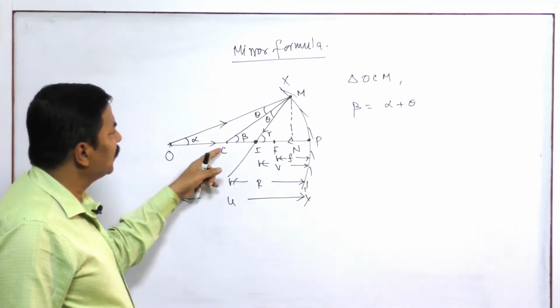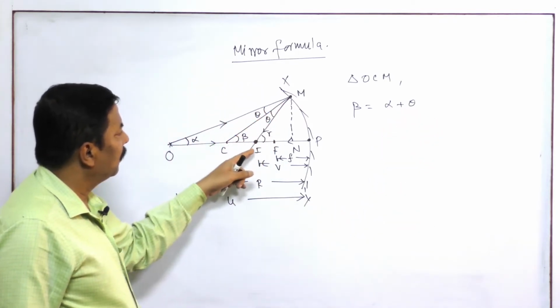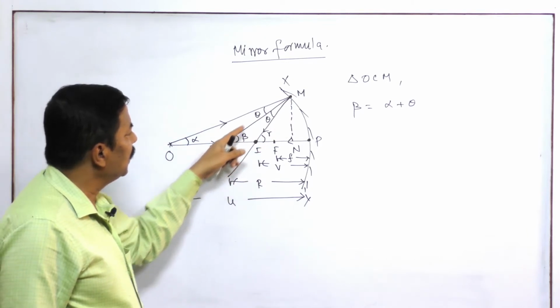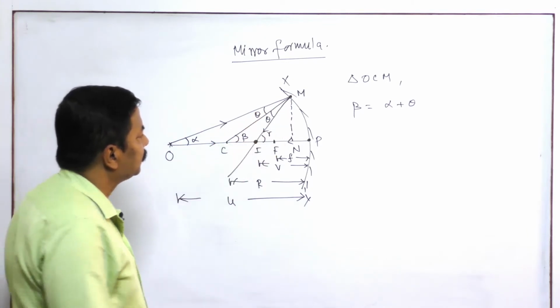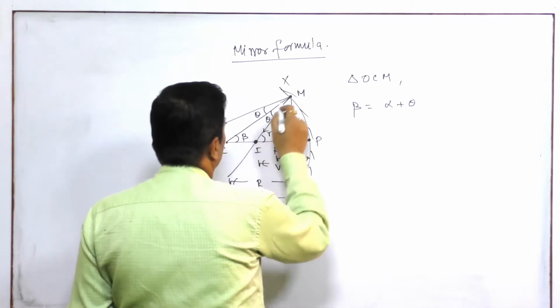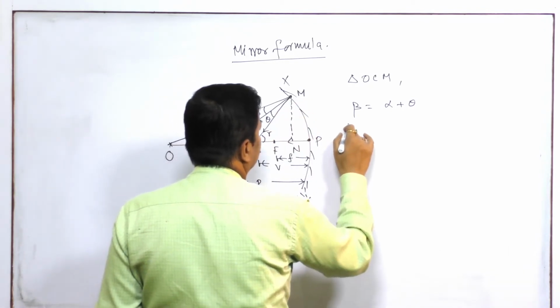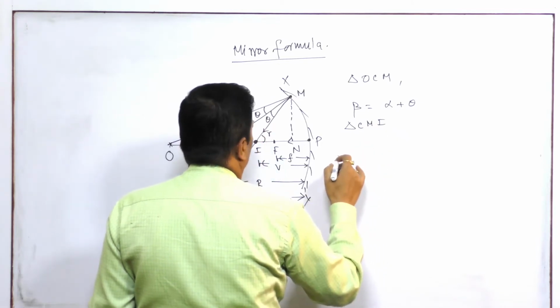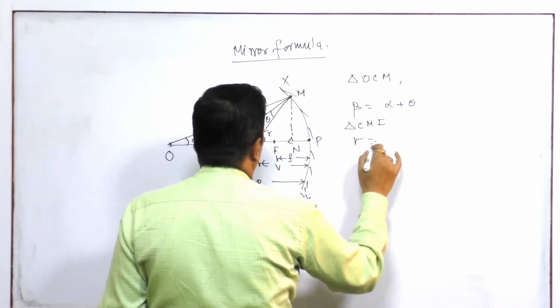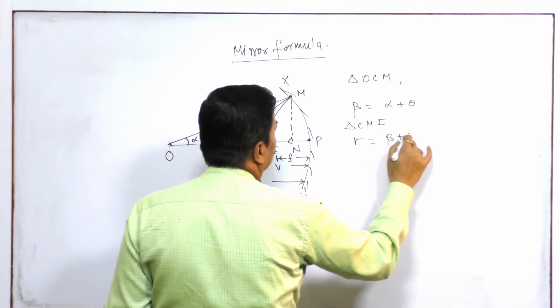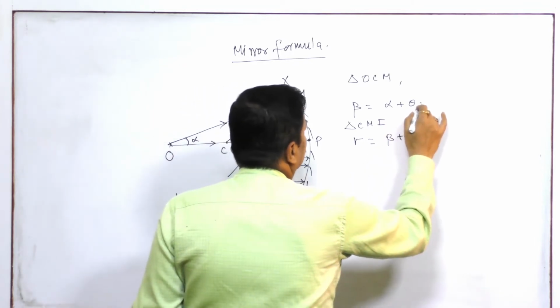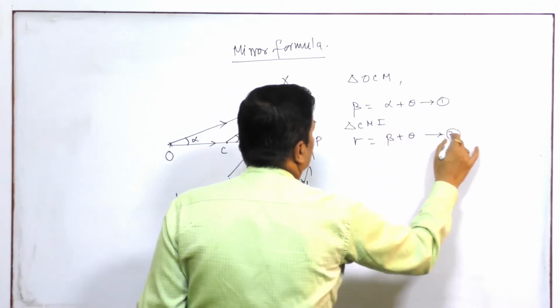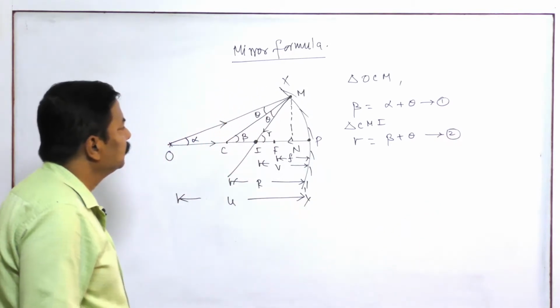In triangle CMI, gamma is equal to beta plus theta. Take it as equation number 2.